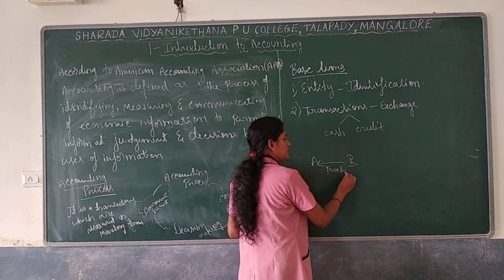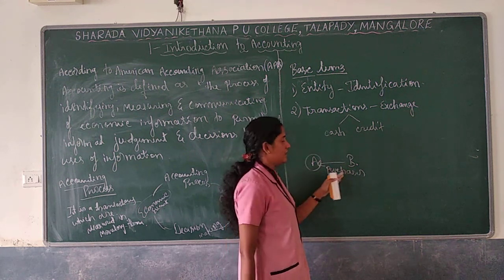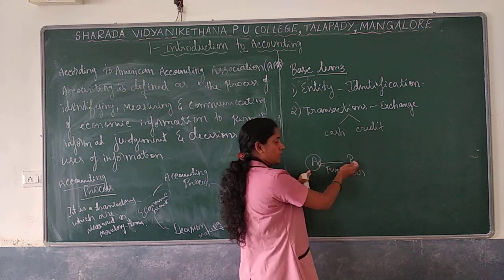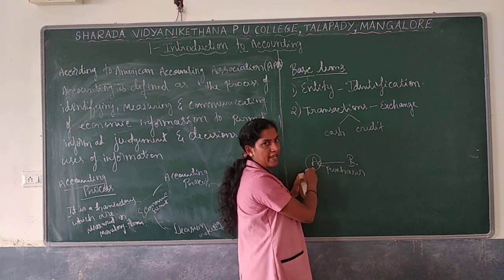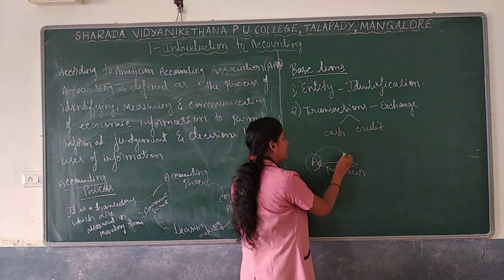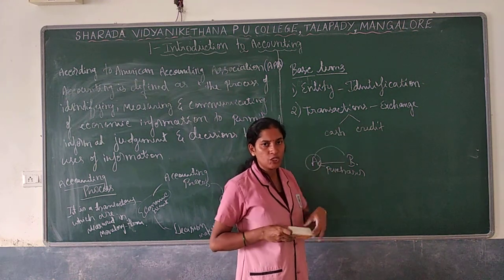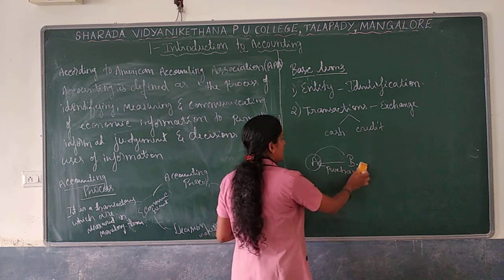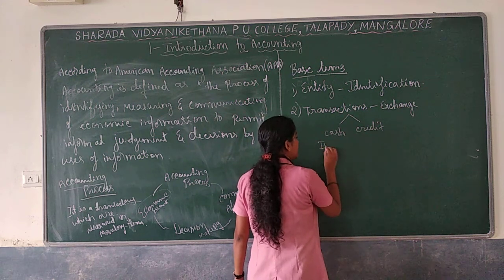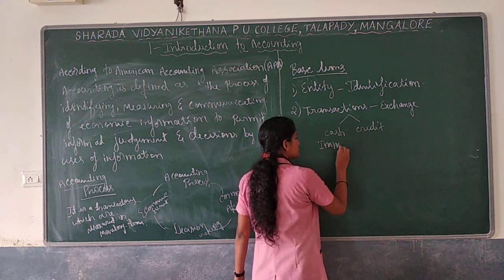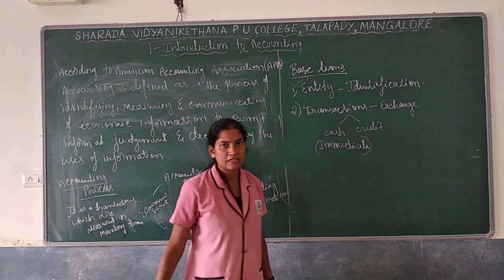A is a purchaser and B is a seller. A purchases goods from B, and A is supposed to pay. If he pays immediately, the moment you purchase something you pay the money, then it is called a cash transaction, immediate payment.